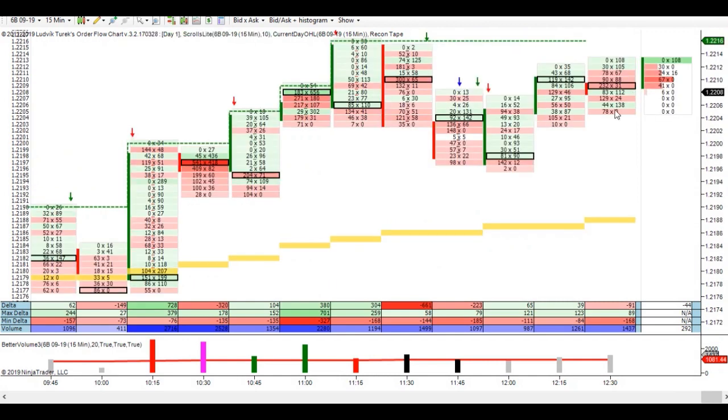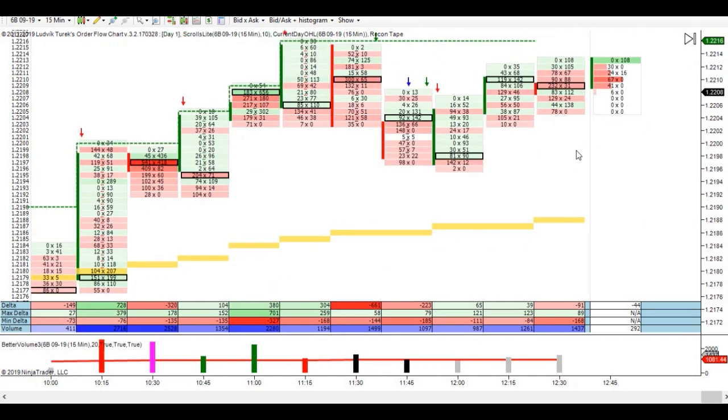So for us right now, we can see this is also a form of absorption, but we can't really judge it because this is forming in an intrabar analysis. So we can't make a conclusion here that we are going to have sellers sell more unless this bar closes.